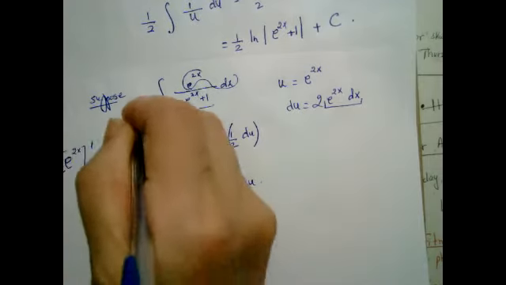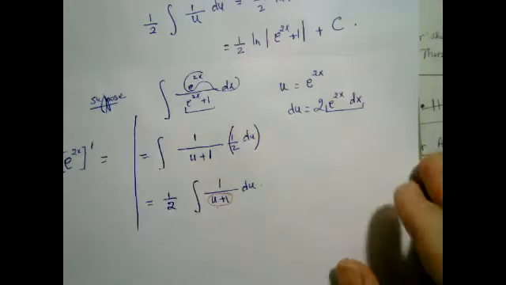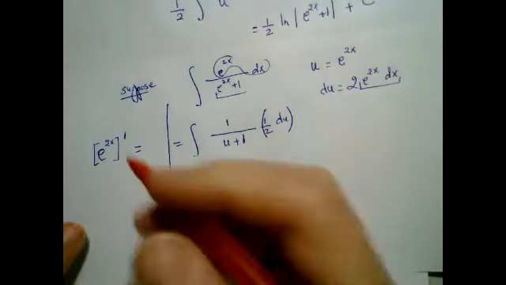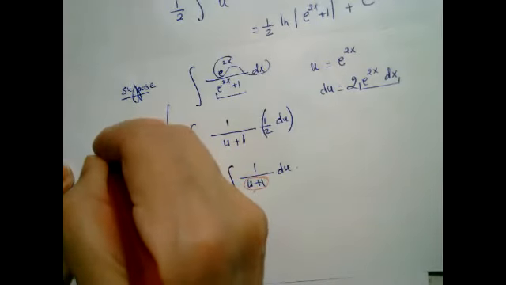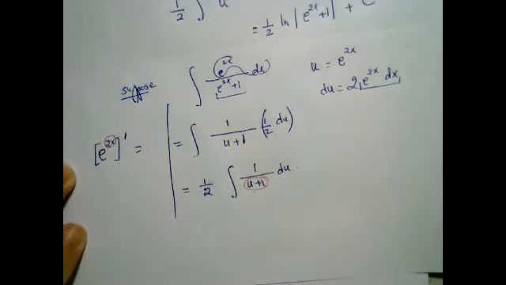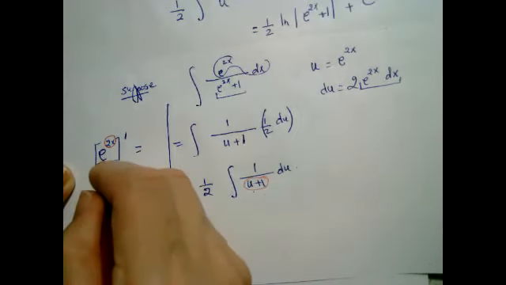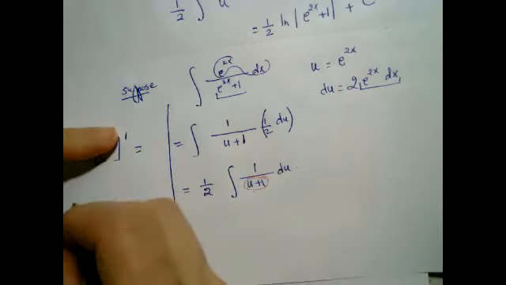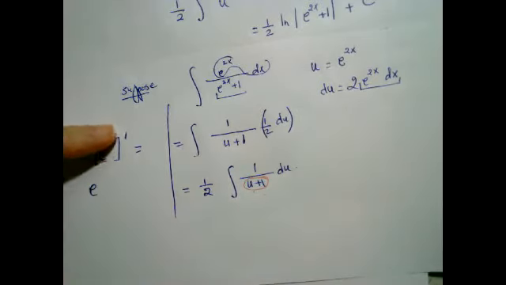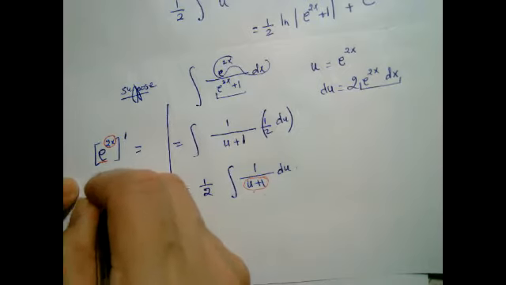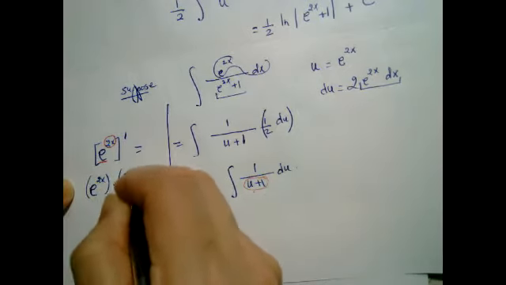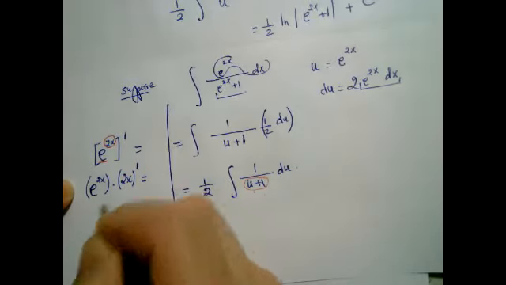Remember, our exam is coming up. What's the derivative of e to the 2x? Remember, that's a composition of two functions. That's your inside, and the exponential is the outside. So what is the derivative? It is the derivative of the outside, the e, evaluated at the inside, times the derivative of the inside.